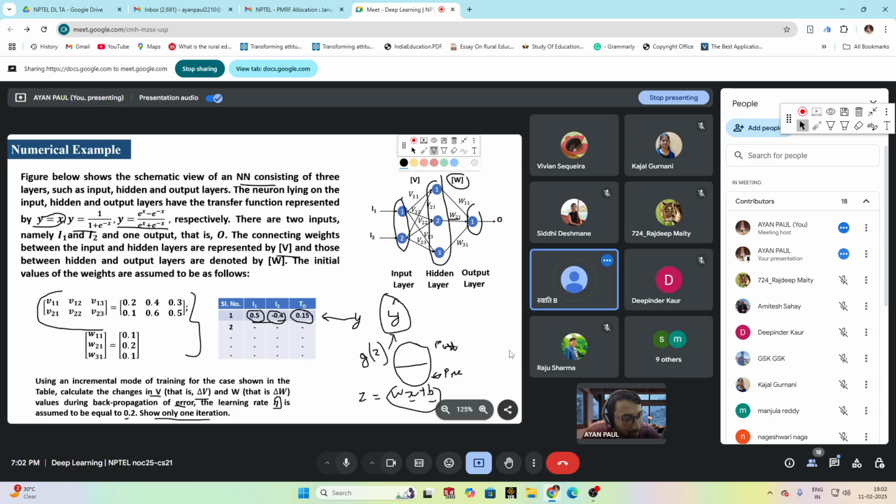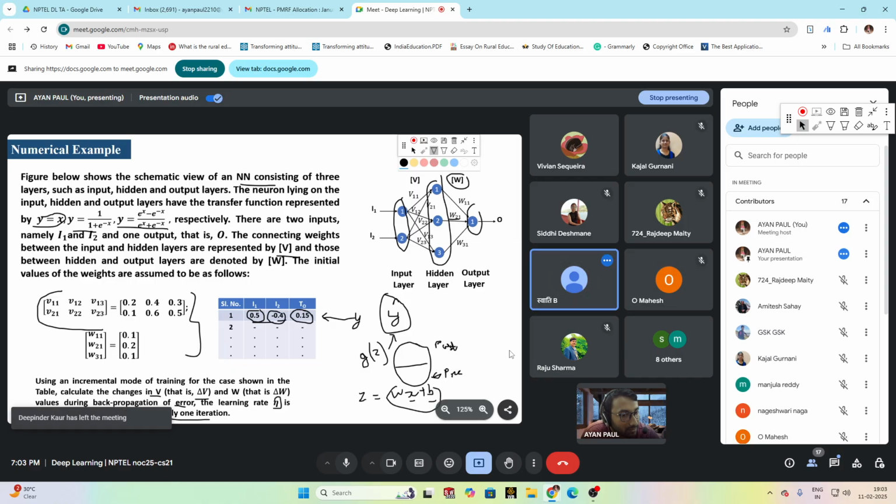This del theta is nothing but the gradient of your parameters. We have two parameters, one is weight and another one is bias. So this del theta, coming at the end of it, is where our derivative will be used, that is del L by del W and del L by del B.